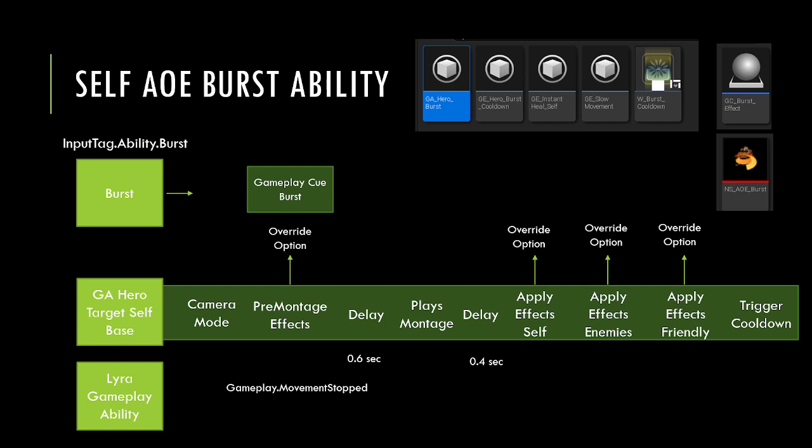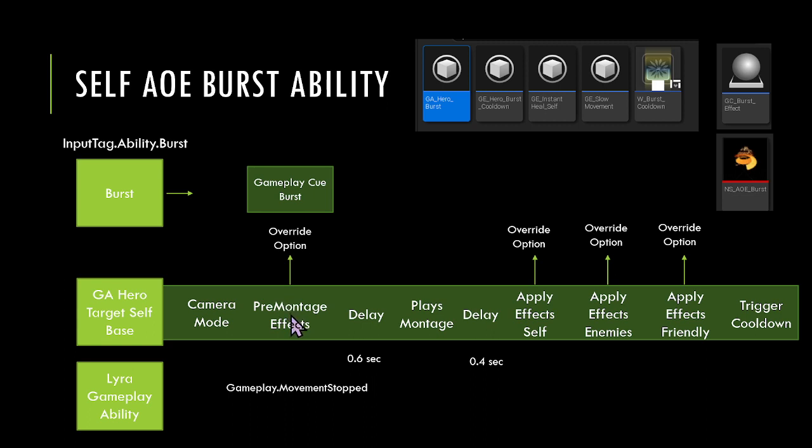Our self AOE effects have a base class called gameplay ability hero target self base. In that logic, we allow for the camera mode to change, followed by a pre montage set of effects.